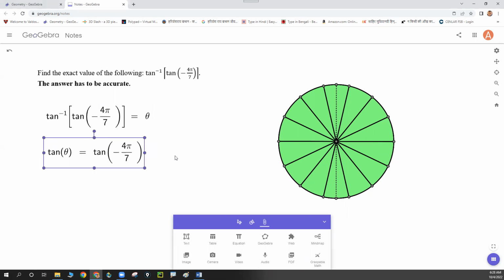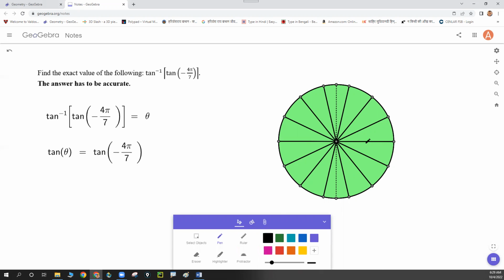Now, the question that I ask myself when I see a problem like this is as follows. Let's first identify negative 4 pi over 7. It has to be 1 pi over 7, 2, 3, 4. It has to be here. No, that can't be the right answer because theta is in the third quadrant. Theta has to be in the right half.